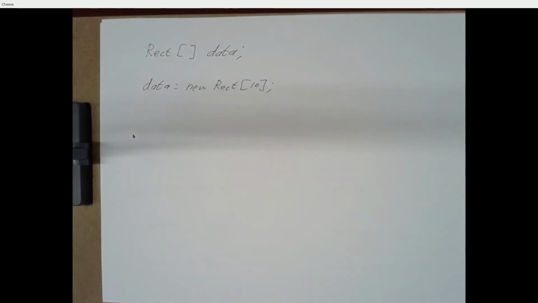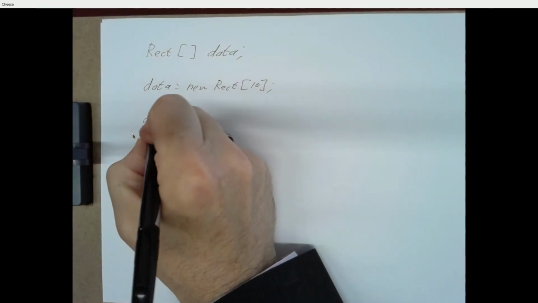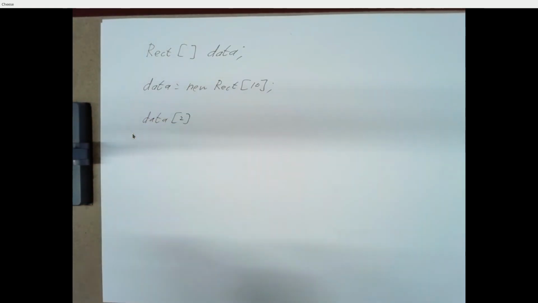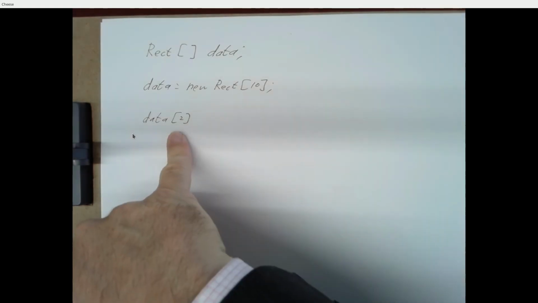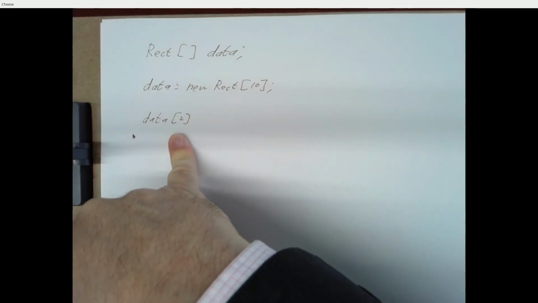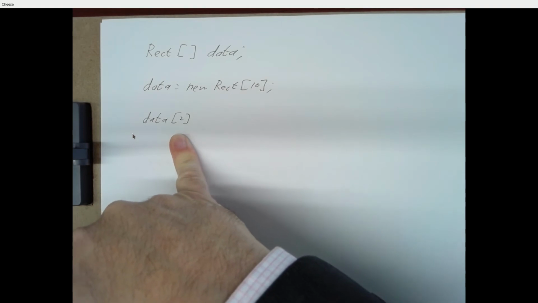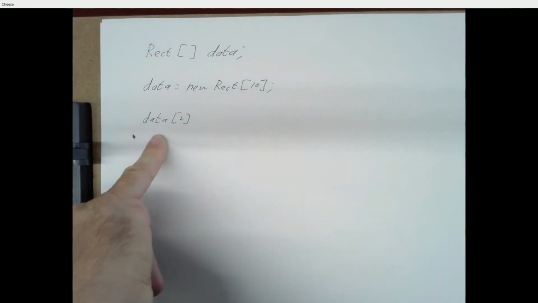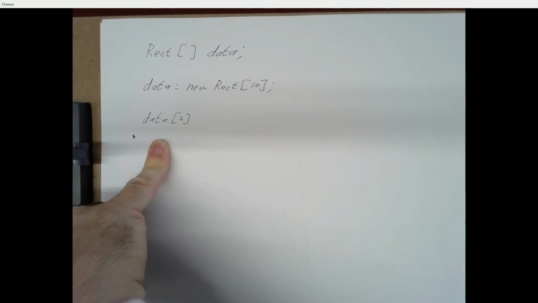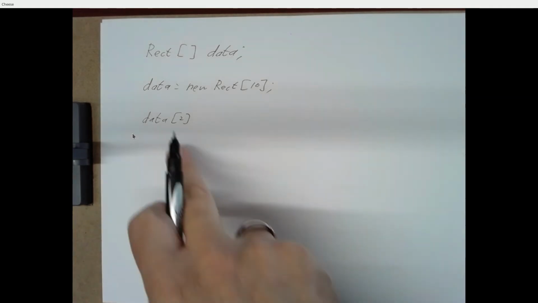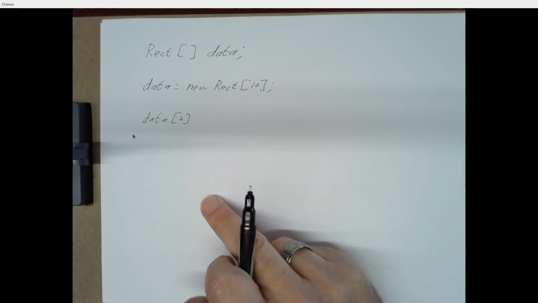So now data bracket 2, that's been set up to be a rectangle. It's been declared to be a rectangle. But that specific object has not been constructed yet. I could ask you, what's the height and width of this rectangle, data bracket 2, and the answer is it doesn't have a height and width because you haven't made this rectangle yet. All we've done is declare that this is a rectangle, but we still have to construct it.